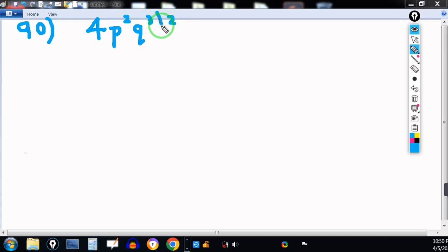What I mean is this. In other words, the power outside there, the 2 there, belongs to the 4. 4 squared will be 16. p squared squared will give me p to the power of 4. q cubed squared will be q to the power of 6. That easy it is. Finish.